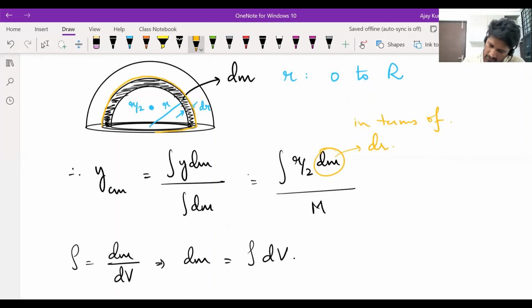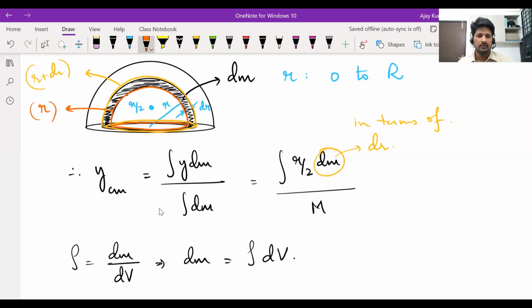You can consider a hemisphere like this. And from that, you have to remove the volume of the inner hemisphere. If you do that, you will get the shaded volume. Outer hemisphere has a radius of r plus dr. Inner hemisphere has a radius of r.